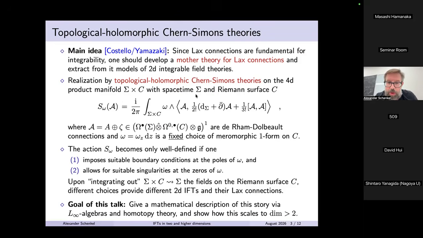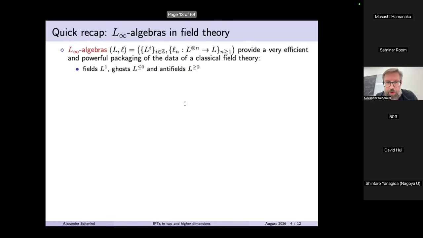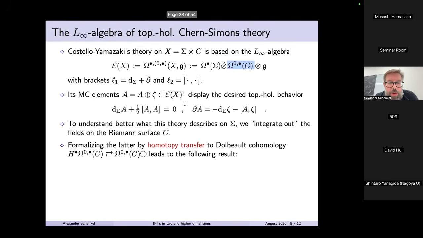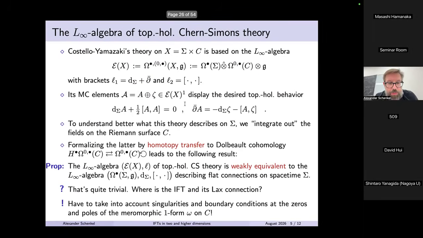So these singularities and boundary conditions of the gauge field is very, very important to make sense of a theory like that. And these singularities and boundary conditions we have not encoded here. Yeah, so these are the de Rham forms on sigma, Dolbeault forms on C. No singularities, no boundary conditions at this point.